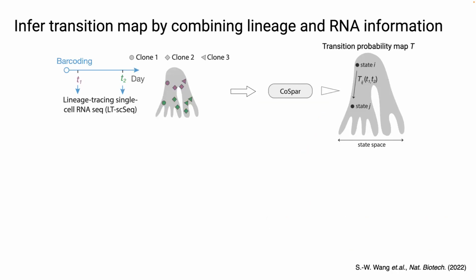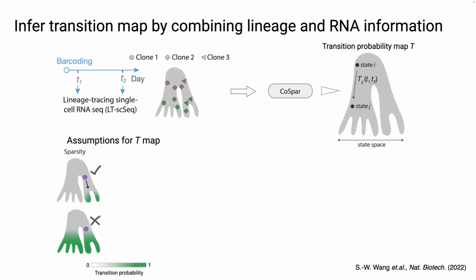So I turn to the tool that I developed in my postdoc, which is CoSpar. Here, if you give me data with both lineage measurement and transcriptomic information, I can use CoSpar to infer the transition rate from a given initial state I to a later state J after a certain period of time. To do this, I imposed 2 assumptions. The first one is sparsity, meaning that as the cells differentiate from a progenitor state to future fate outcomes, they will progressively restrict their fate choices.